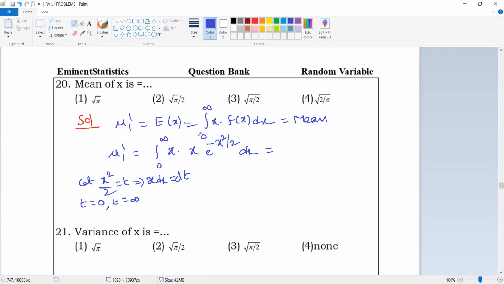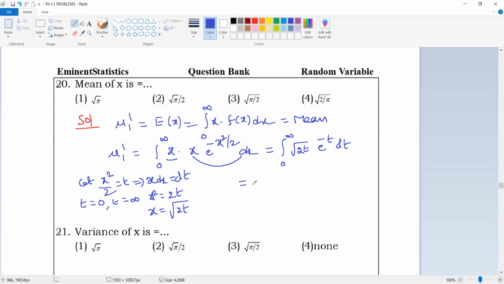Already noted. Now from this, x square is equal to 2t, so x is equal to the square root of 2t. Now replace this x by root of 2 into t. Here x dx is dt, e power minus t dt.